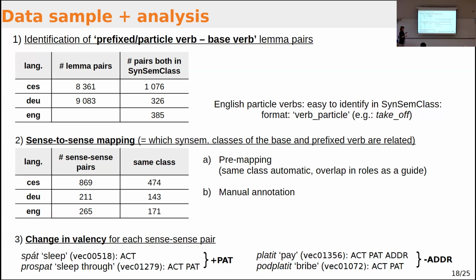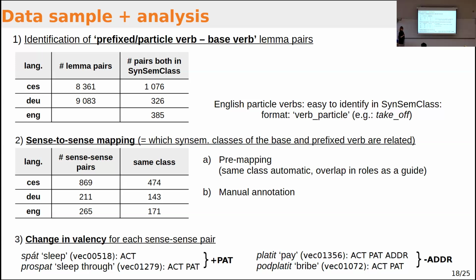So now we have to tell which SynSemClasses of the base and prefix verb are related to be able to map the valency frames for related senses. So we can first use SynSemClass to do some pre-mapping where the same classes are automatically mapped onto each other, as in hrát and zahrát.